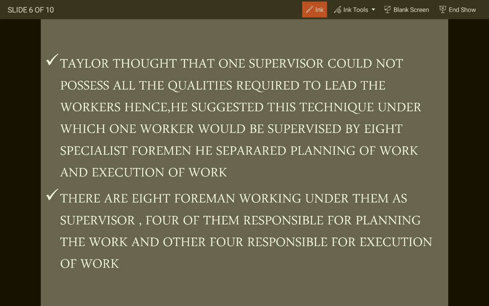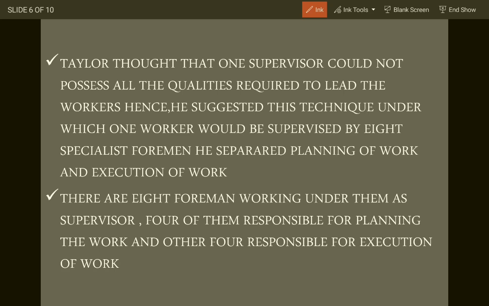So it's not easy for one individual to perform so many tasks, isn't it? So he said there is a need for 8 foremen who will be specialized in their roles, and they're going to supervise the worker so that the work will go smoothly.